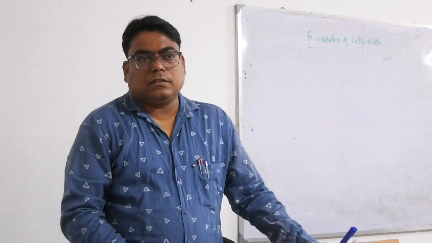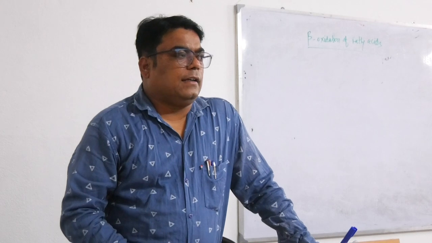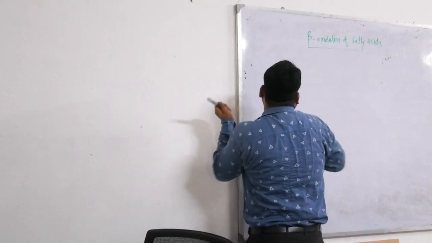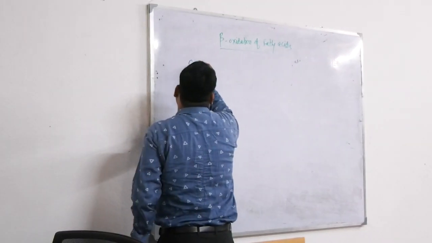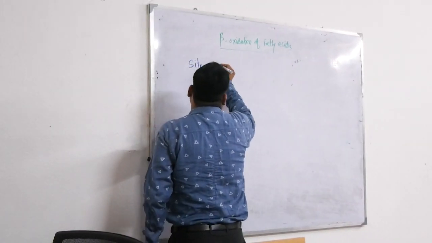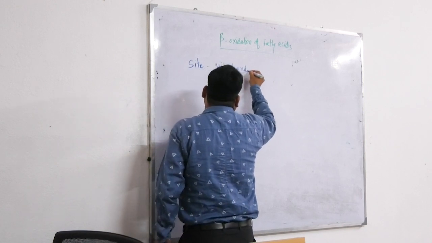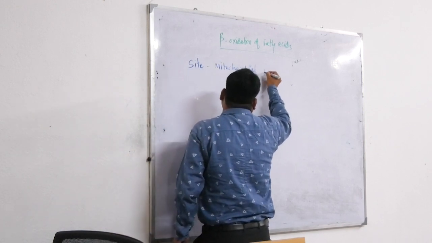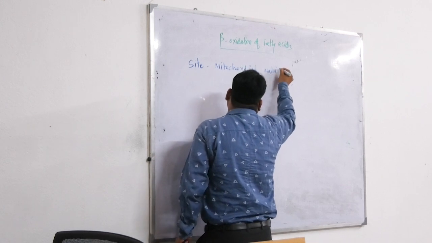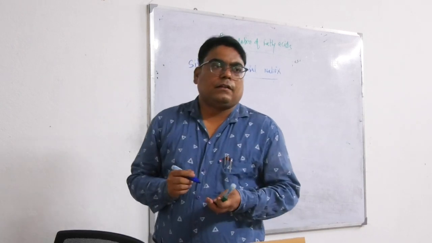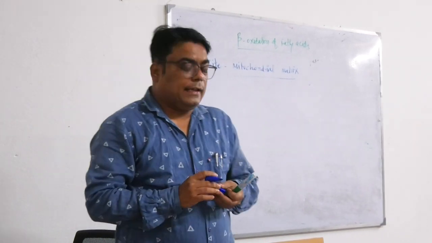Mitochondrial matrix. Tell me clearly, the site of this metabolic pathway is the mitochondrial matrix, for beta oxidation of fatty acid. But where does alpha oxidation of fatty acid occur?